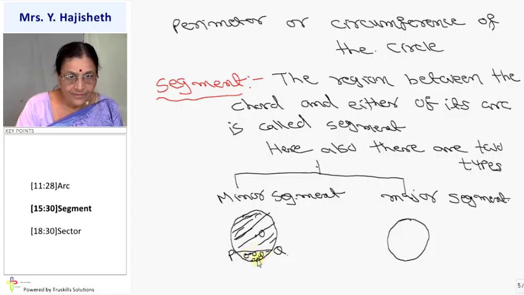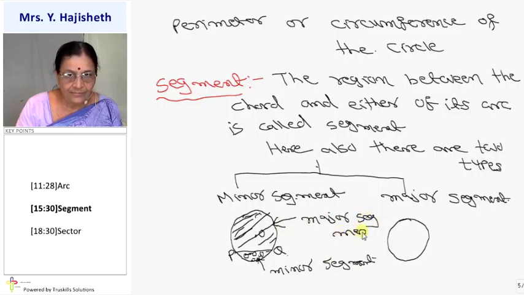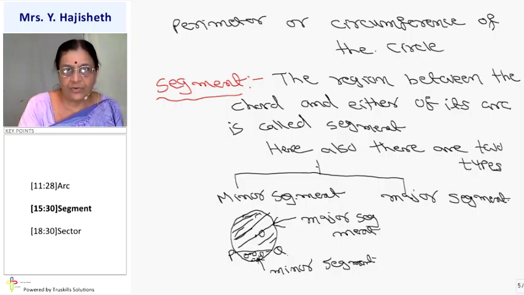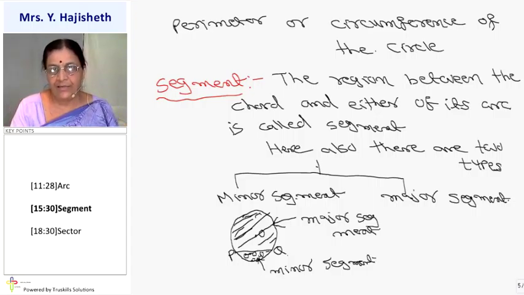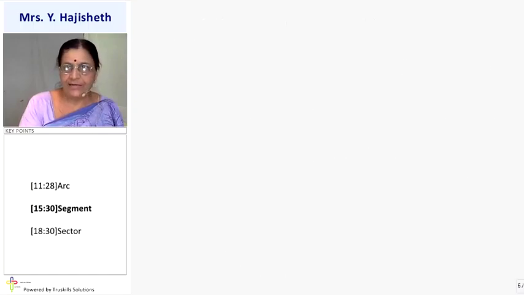I have shown both in the same figure. You do not need to draw this figure. The region between a chord and either of its arcs is called a segment. So the region between a chord and a minor arc is the minor segment, and the region between a chord and a major arc is called the major segment. Are you clear?